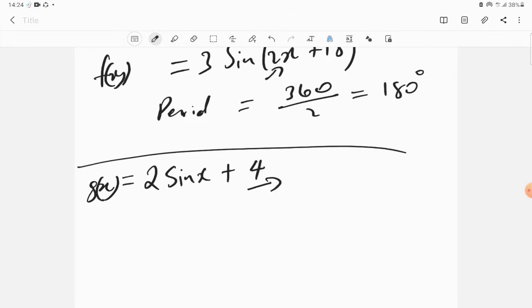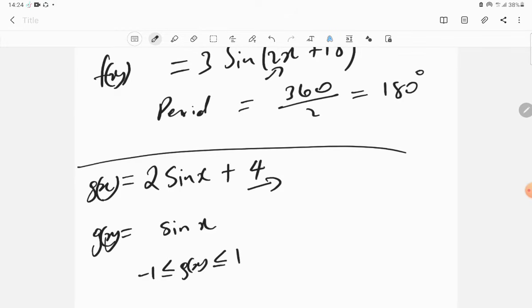So before anything else, we knew that when you are having g(x) equal to just sine x, the range of this graph, g(x), was between 1 and -1.